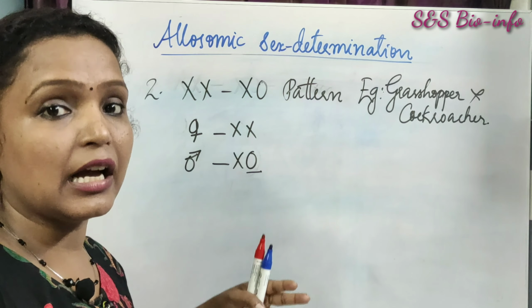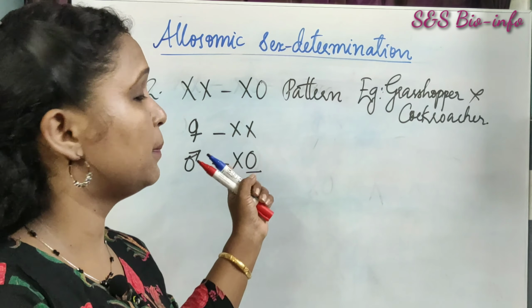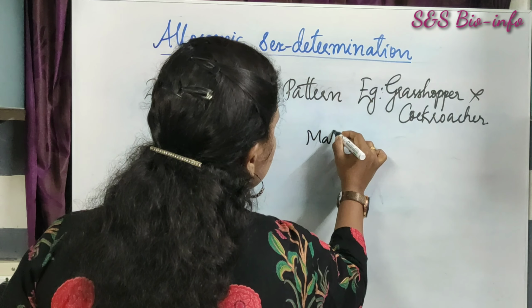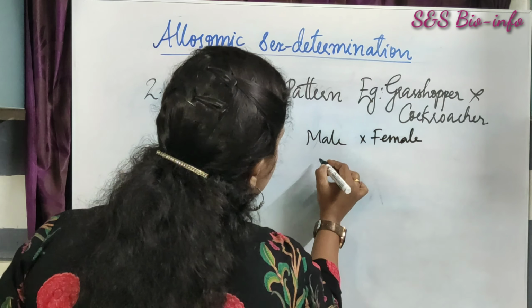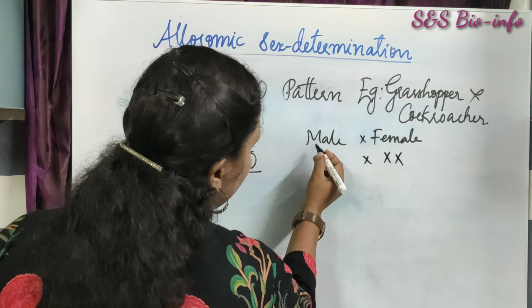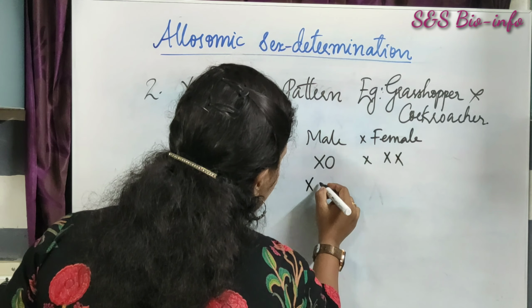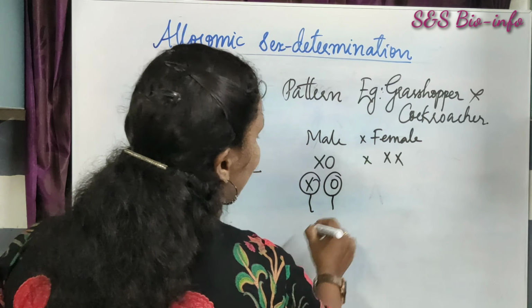Then let's see how is it determined. Let's consider the cross of the male parent with the female parent. Here male, female. Males have a X0 type while females have a XX type. Males produce two types of gametes. One is with X chromosome, the other one is without X chromosome.